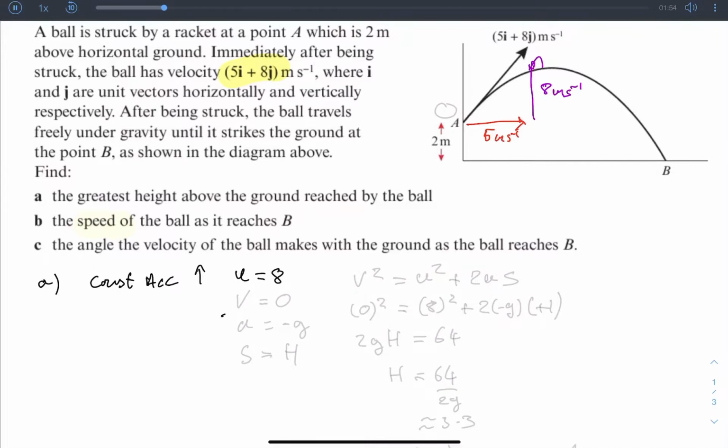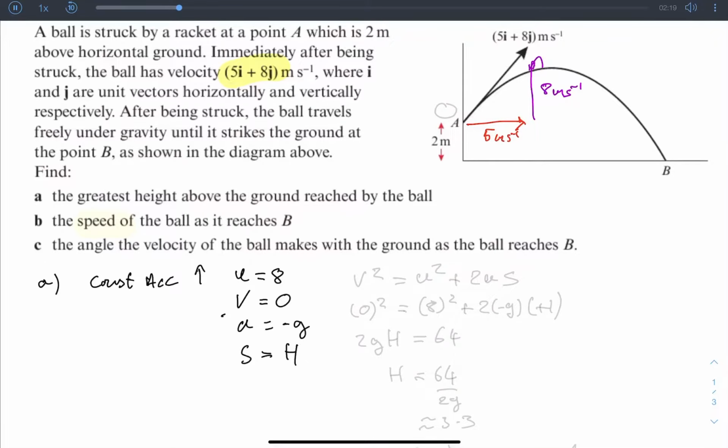Well, at the greatest height, the vertical velocity is equal to 0. We know that while it's travelling vertically, the acceleration is equal to negative g, and the question we're asked for is the height, which we'll call h.